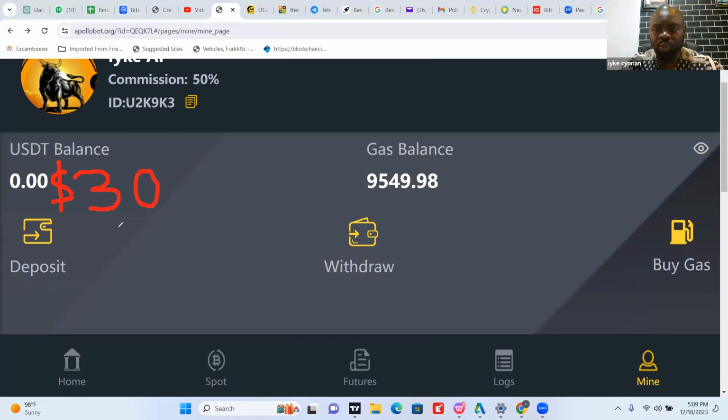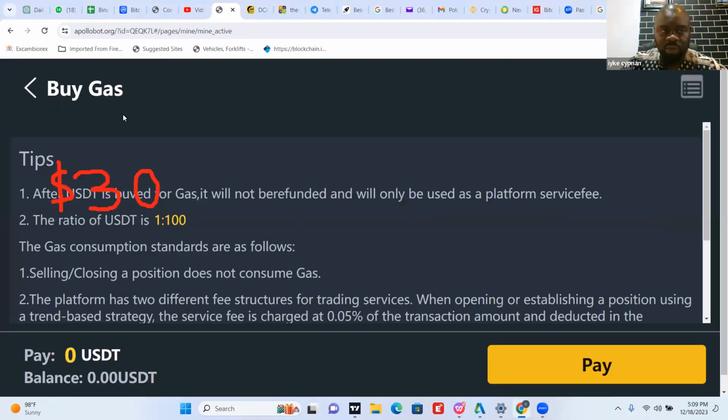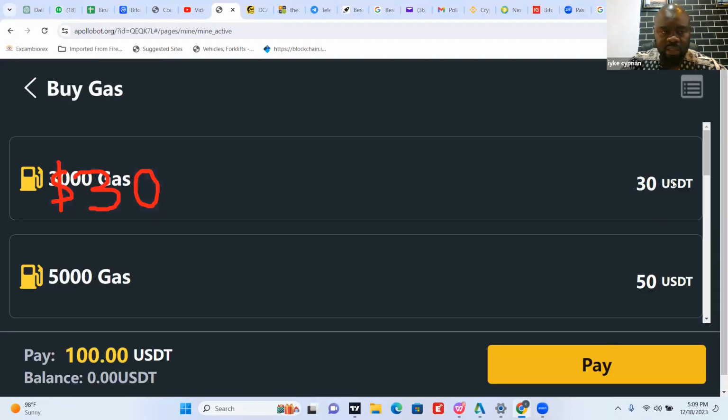The next thing you're going to be doing is to buy gas here. So you tap on buy gas. Once you tap on buy gas, you will see the different gas systems appear here.